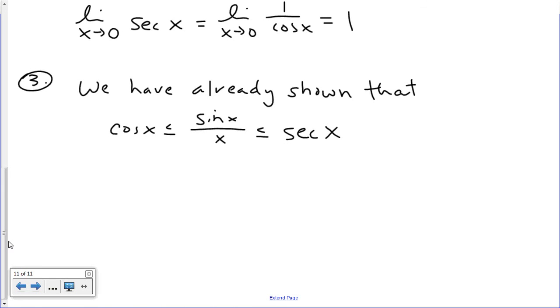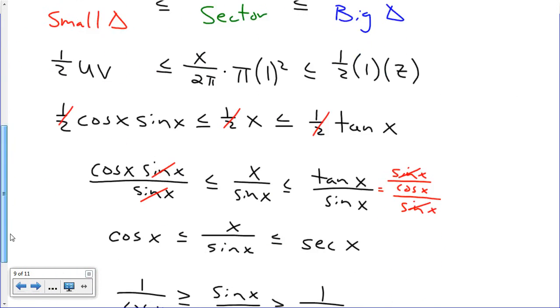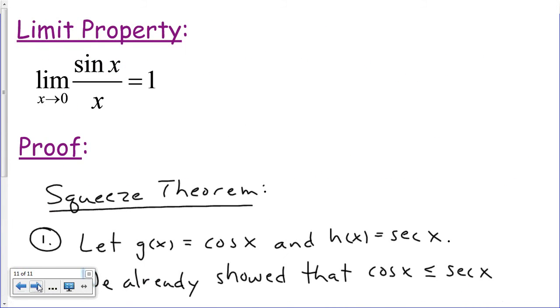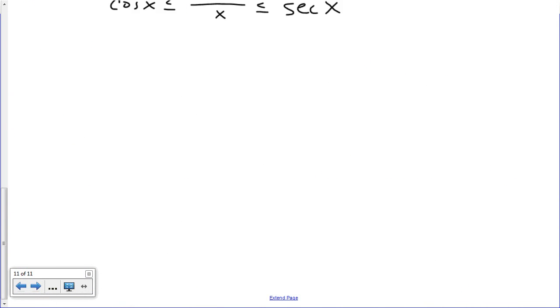Again, that was that area relationship. If I flip back a couple slides to show you again, we went through this and we found out that sine of x over x can be squeezed between cosine and secant. So we've already met the third condition based on the work we've done previously.